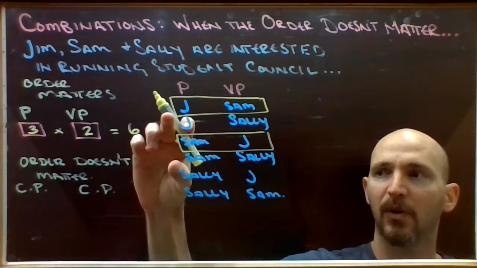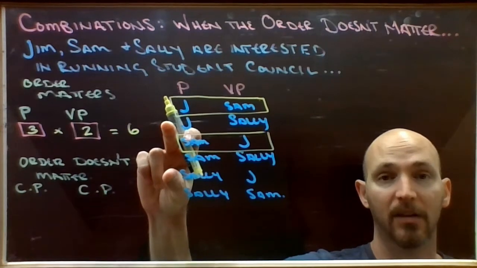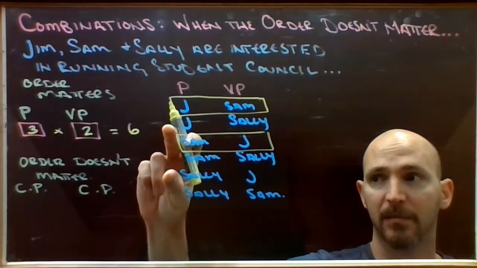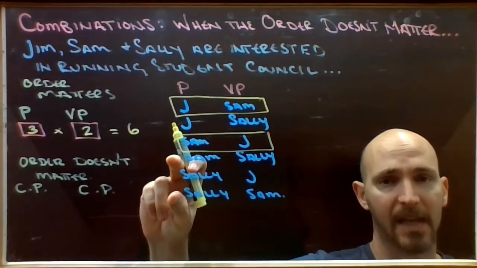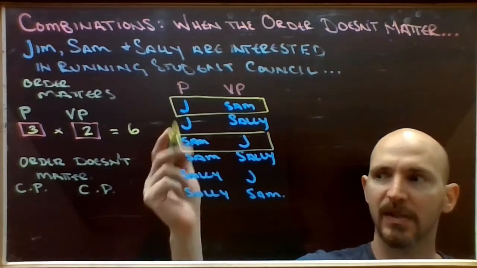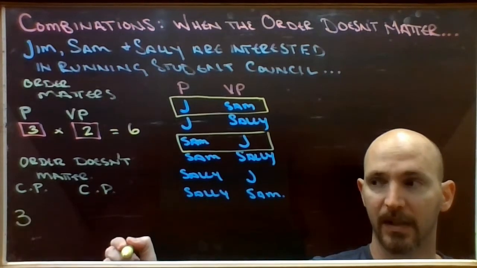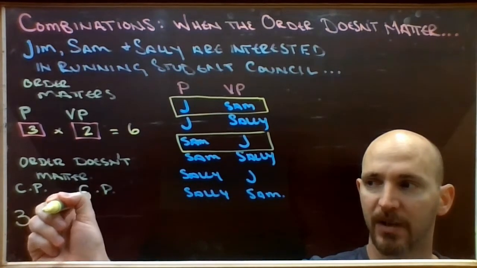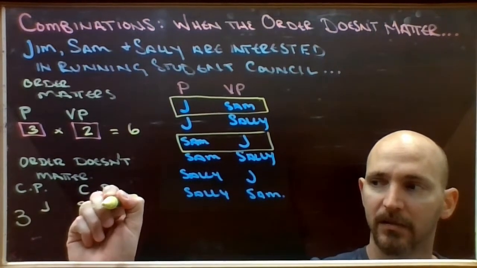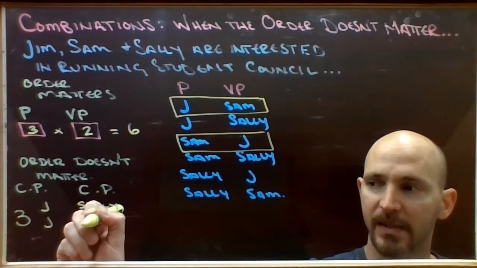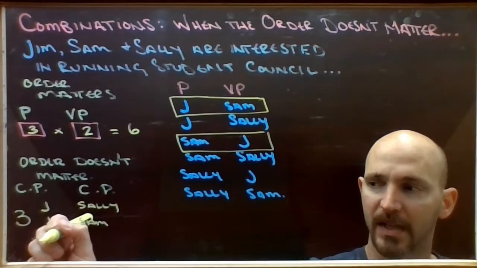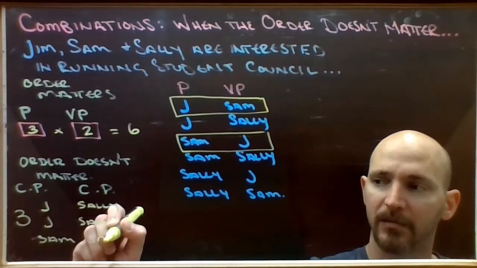And then this row here, where Jim and Sally are on the executive, that row is the same. And this row where it's Sam and Sally, they're the same. So it turns out that if order doesn't matter, there are only 3 different ways to do this. Jim and Sally, Jim and Sam, or Sam and Sally.